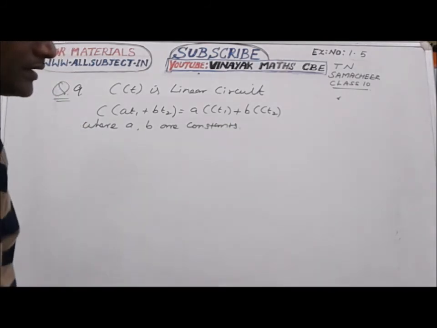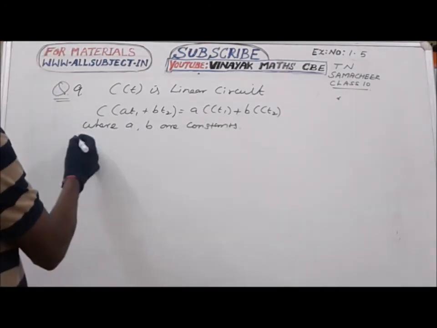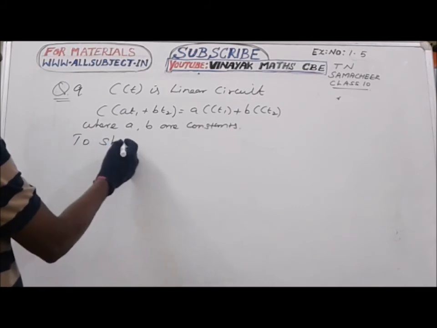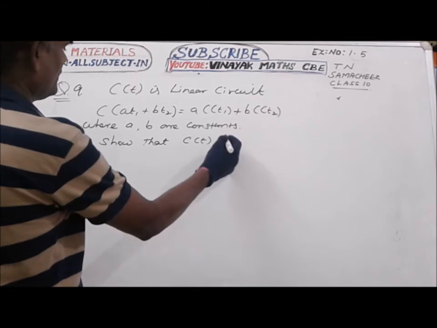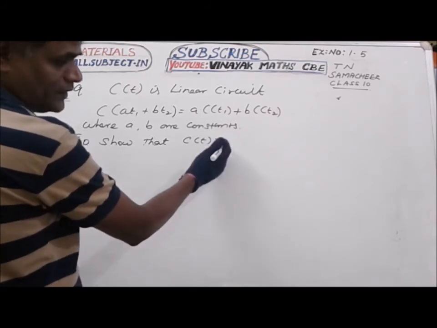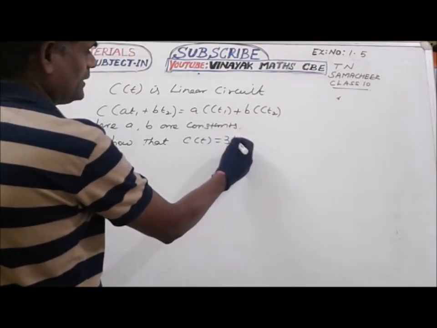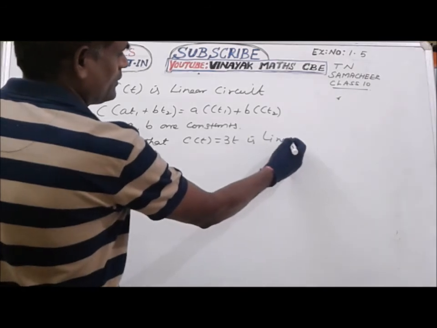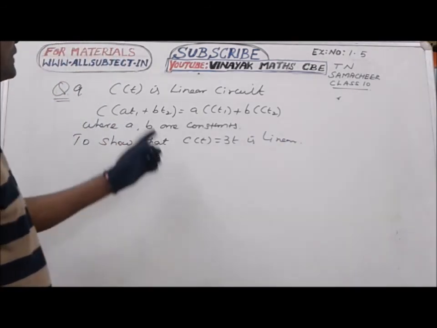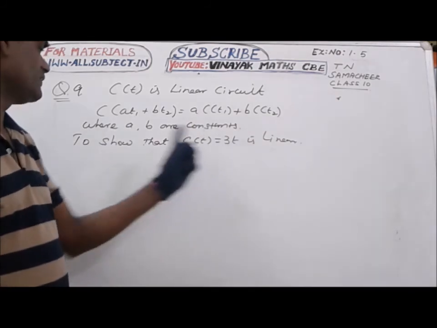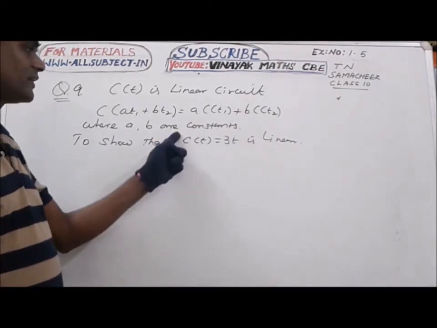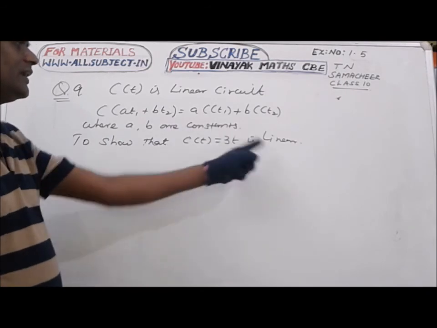Therefore, to show that the circuit C of t equal to 3t is linear, we need to show C of t equal to 3t is a linear function.